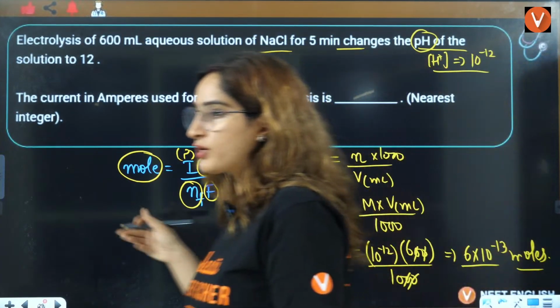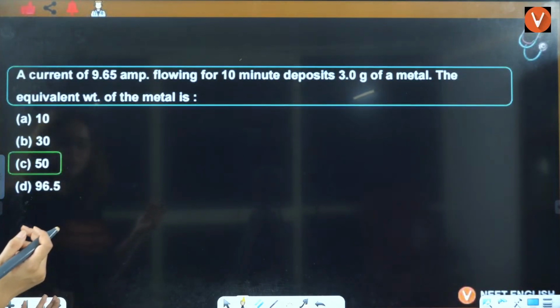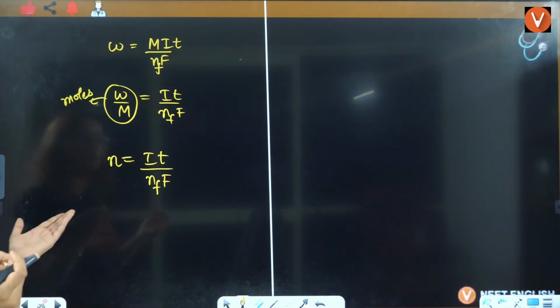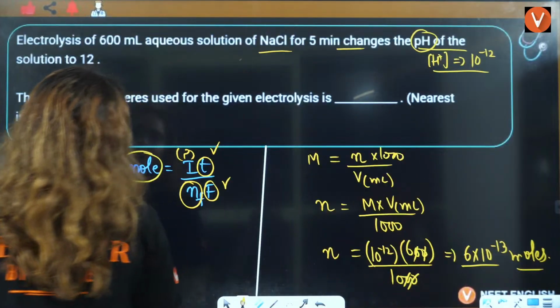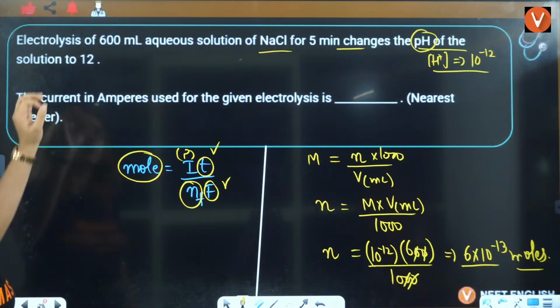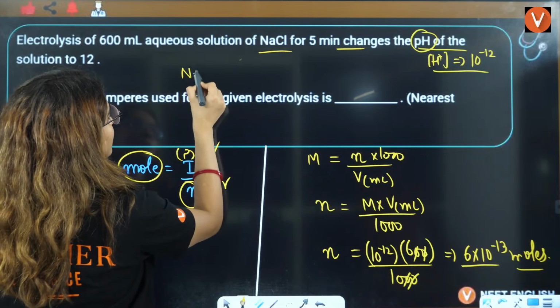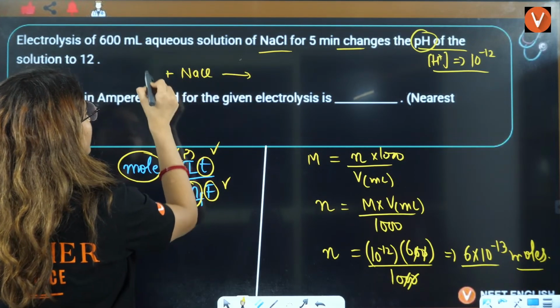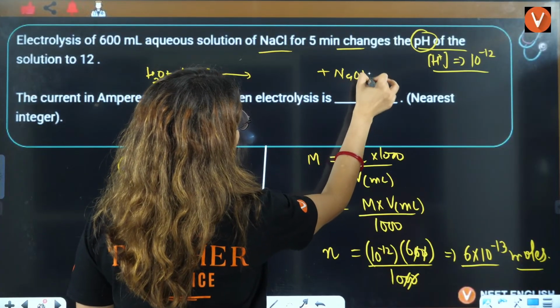So can I just put these moles here? What is the N factor? For N factor, again, redox reaction will be useful for you. They are saying electrolysis of aqueous NaCl. If you remember, in NaCl you have water also. You had NaOH, right?